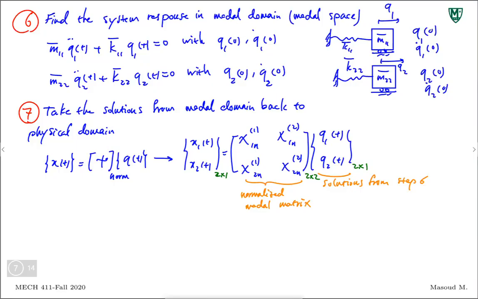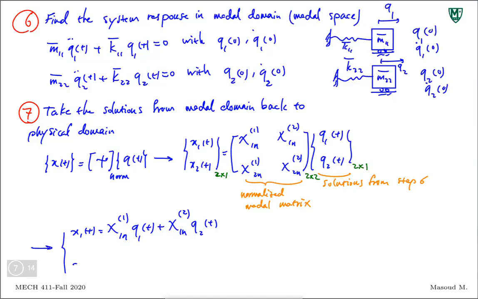If I want to write it in general terms, this becomes this. X1(t) becomes X11 norm Q1(t) plus X21 norm Q2(t). Q1(t) and Q2(t) are functions, and X11 norm and X21 norm are just constants.